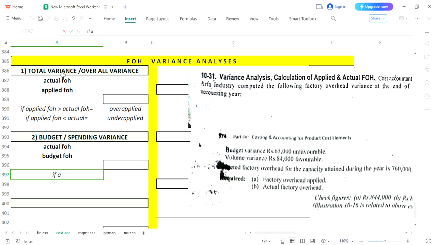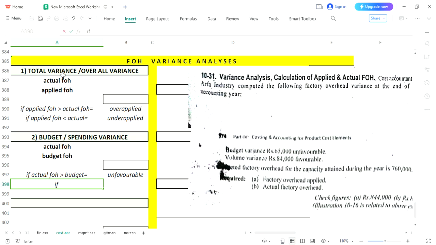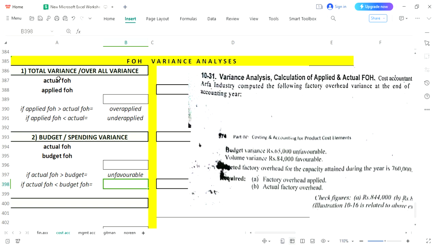If actual FH is more than your budget, what does that mean? You are spending more, so it would go unfavorable for you. The second option is if actual FH is less than your budget FH, you name it as favorable because you are actually spending less.